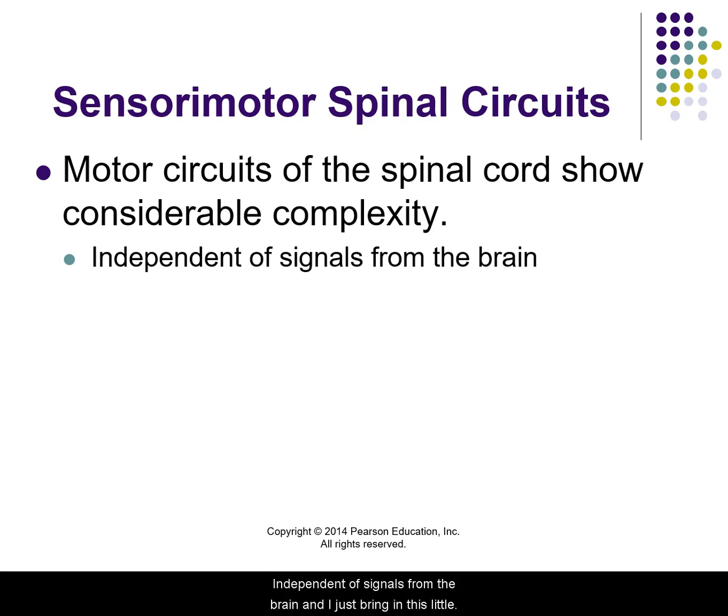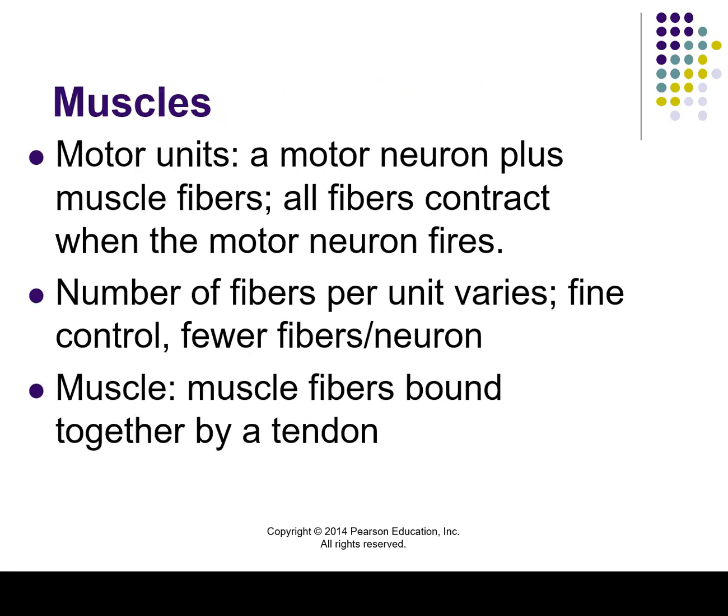I bring in this little caveat because when we're talking about reflexes, they occur outside of the central nervous system. For the next 2 or 3 slides, we're just going to focus on basic anatomy. Let's do basic anatomy for muscles real quick, and then we'll go back to how they're controlled by the cortical areas.